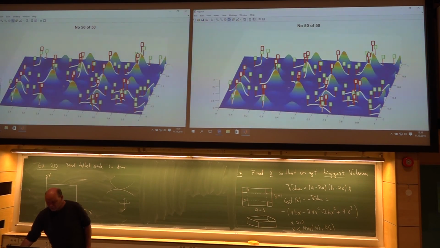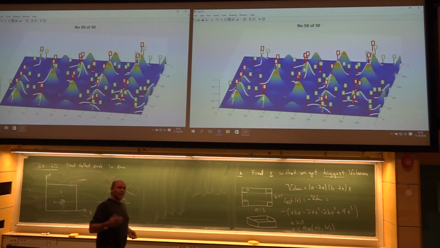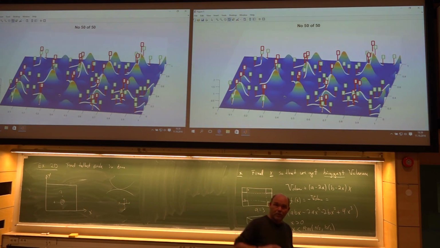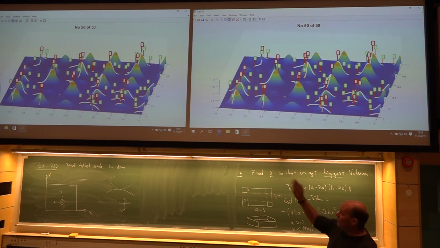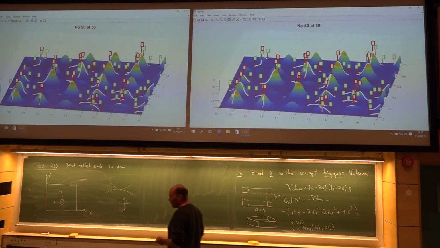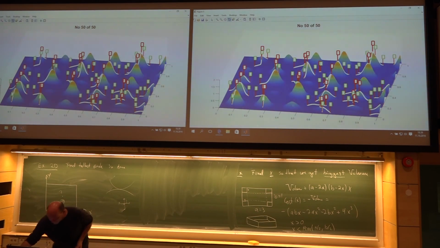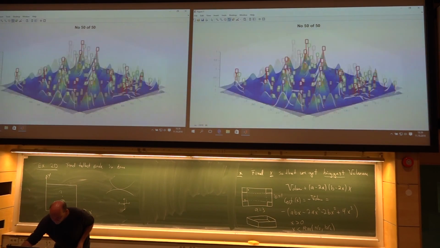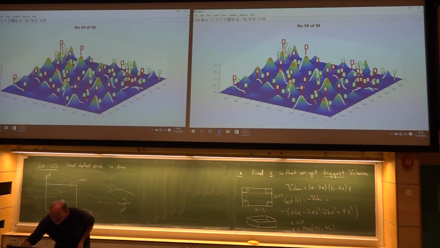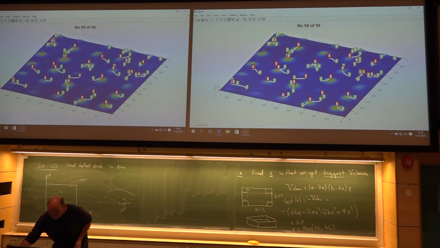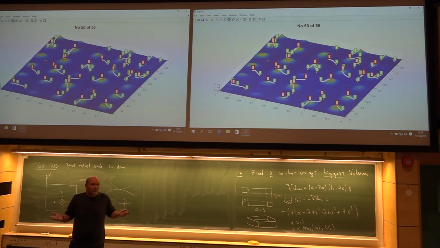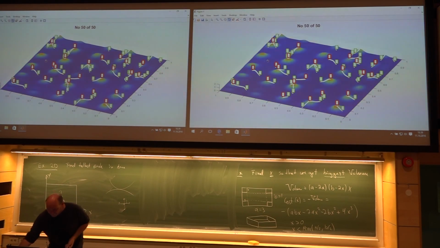Here, of course, you risk missing peaks and you risk missing the tallest peak. If you're unlucky with the random position, you see nobody has found this tiny little peak here. Nobody has found this one, or this one, or this one, or this one for that matter. So several of them are still undetected.